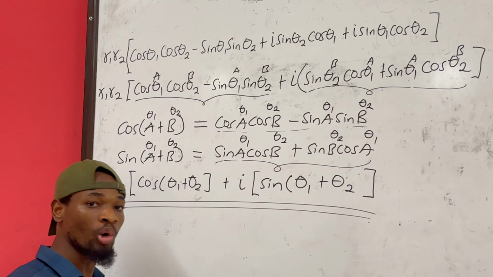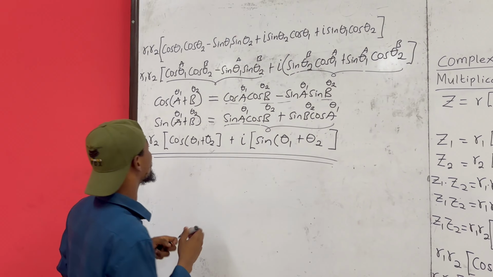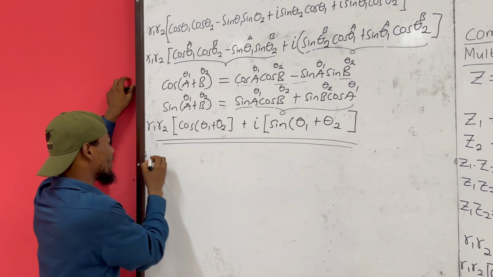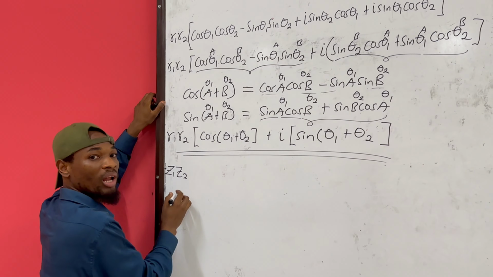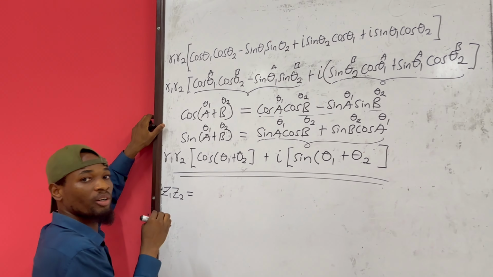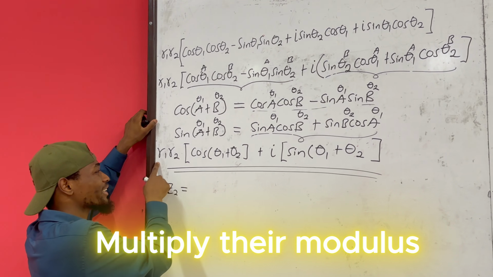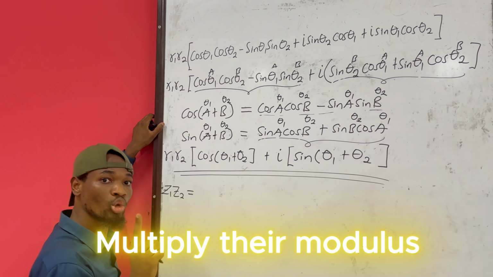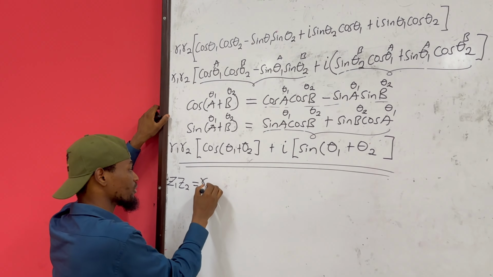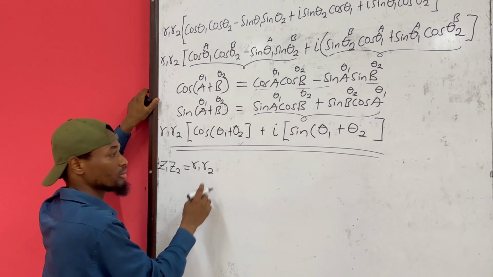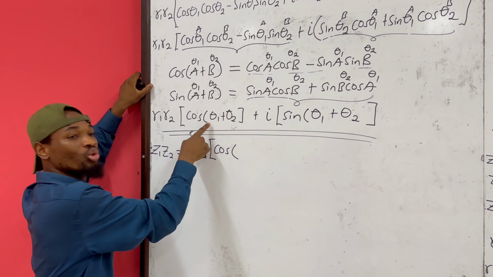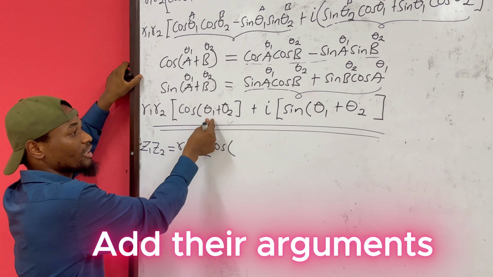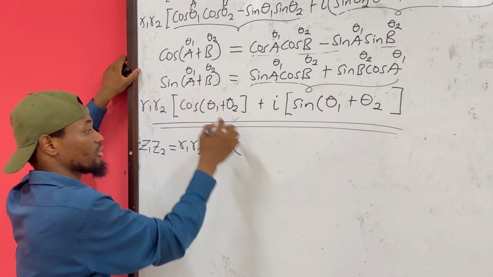So we can conclude by saying that if you want to multiply two complex numbers in the polar form, first of all, you have to multiply their modulus, okay? So r1, then r2. Afterwards, you add what? The argument.